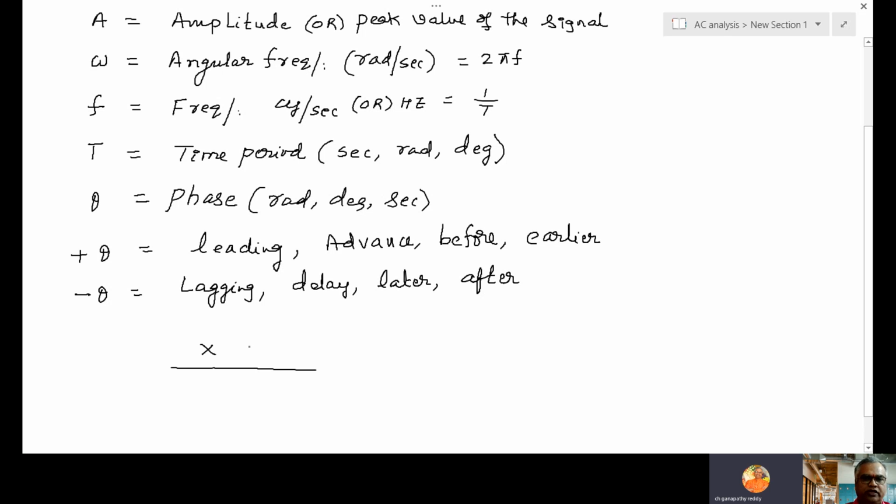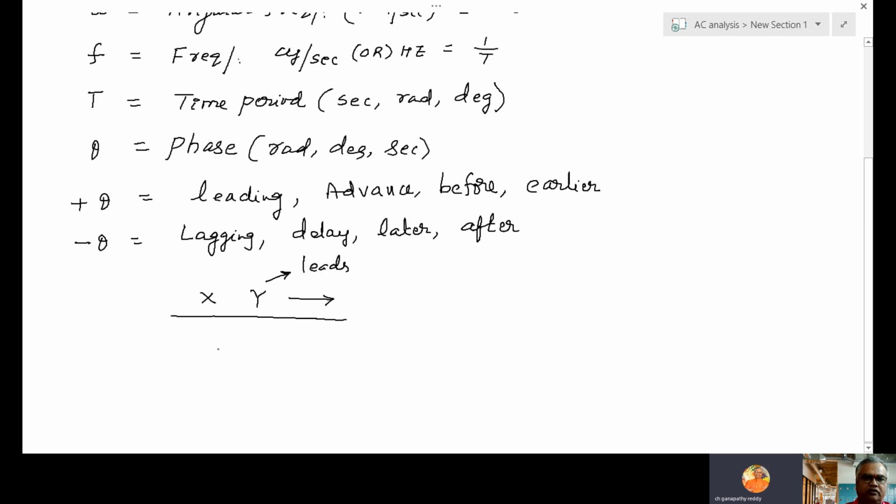Two persons, X and Y, are walking on the road. The road is not moving, persons are moving on the road. So they are going like this. So who is leading? Obviously, Y leads. Y is before X, so clearly Y leads.